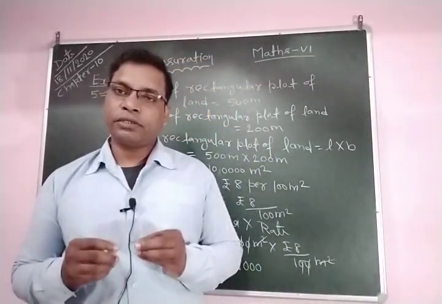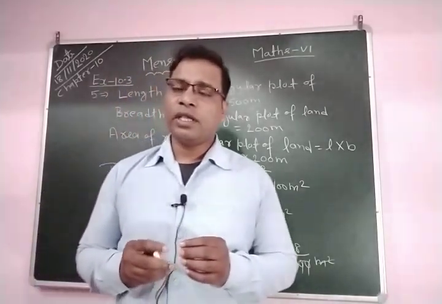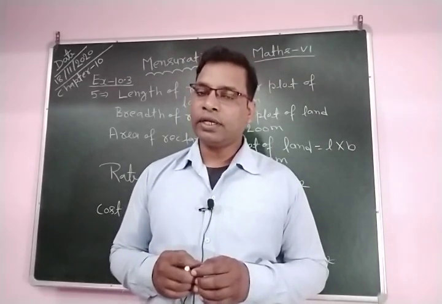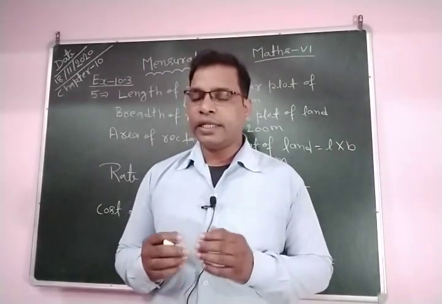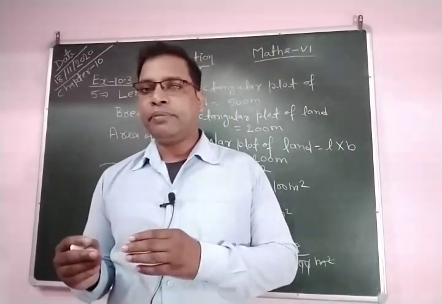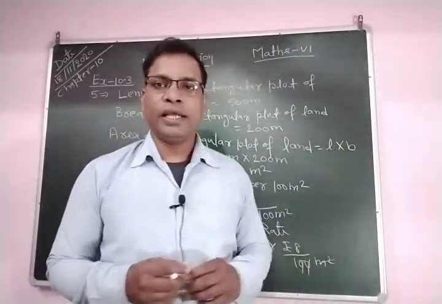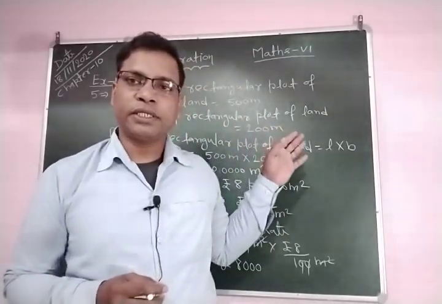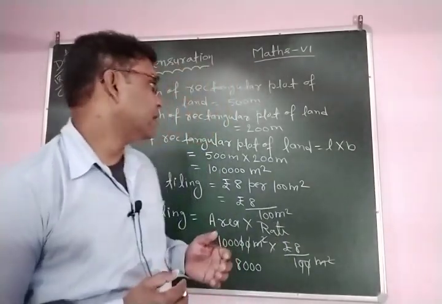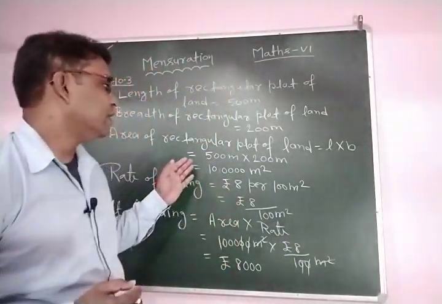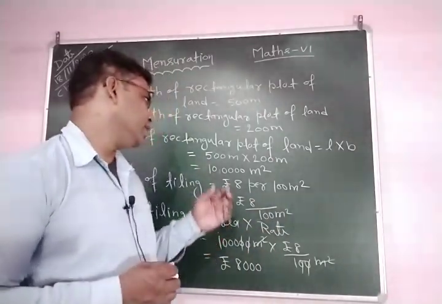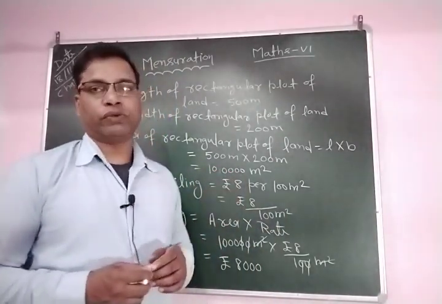So in these questions, first you find the area of the rectangular plot of land. You know very well, the area is L into B, meaning length into breadth. When you multiply 500 meters into 200 meters, you obtain 1 lakh meter squares.